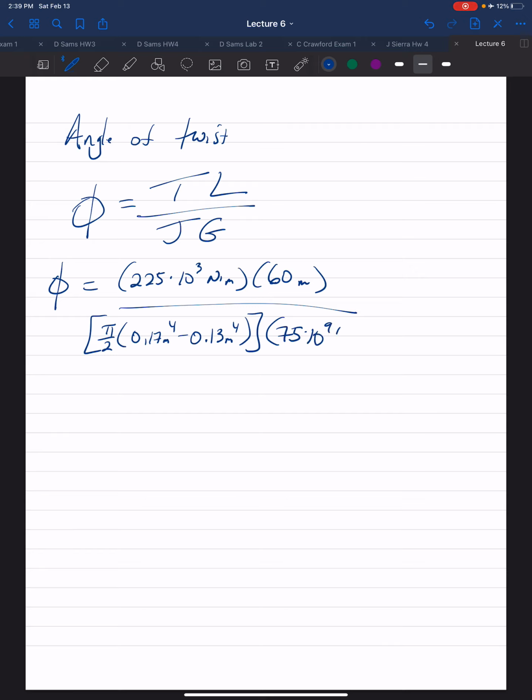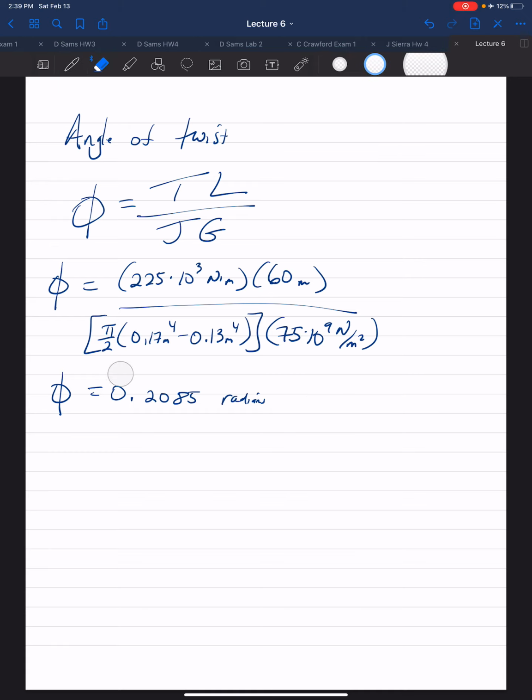So that's 10 to the 9 newtons per meter squared. Remember, we have to convert our units so everything works out. This comes out to be 0.2085 radians.